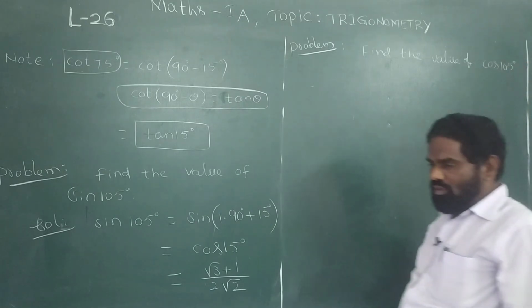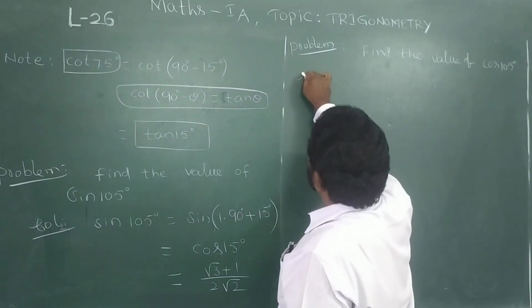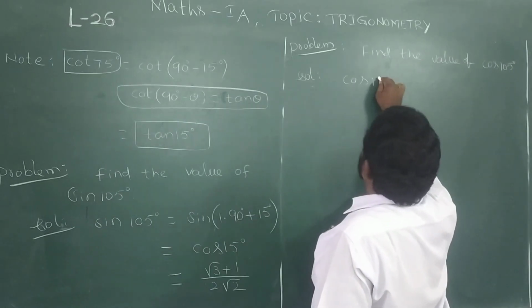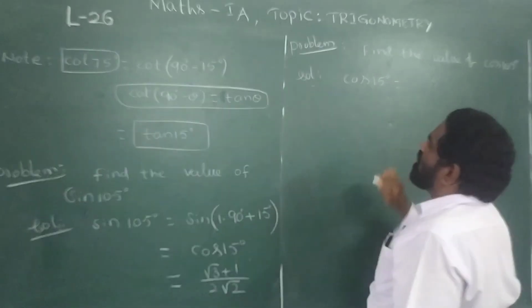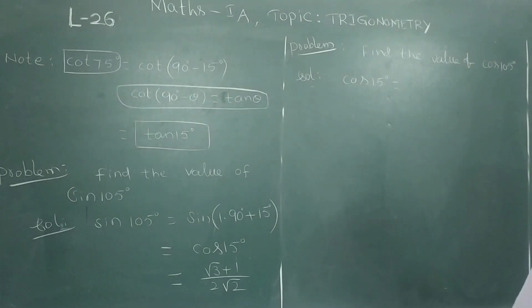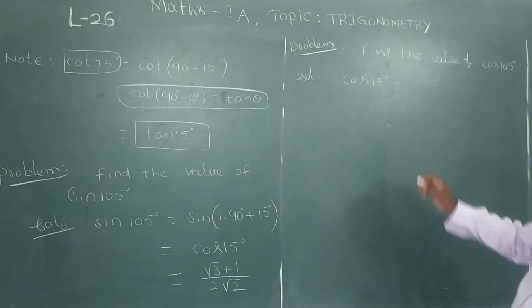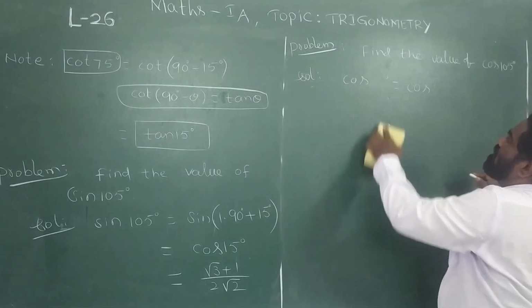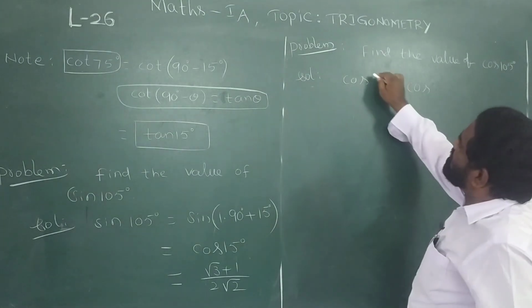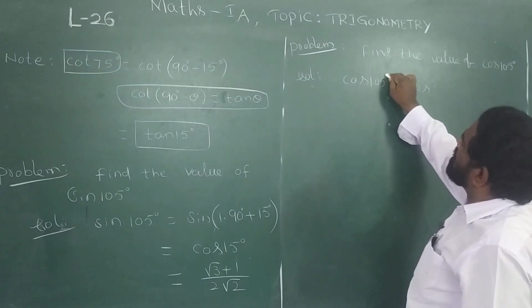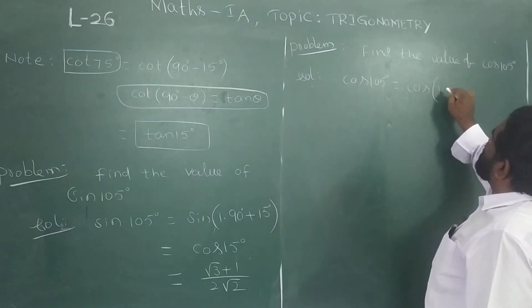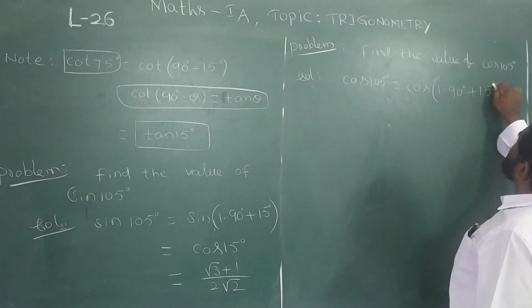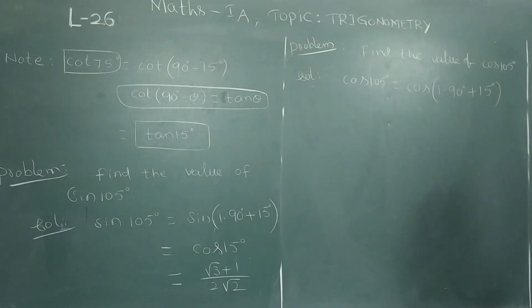Okay. Let us see the solution. Cos 105 degrees can be written as cos of 1 into 90 plus 15 degrees.